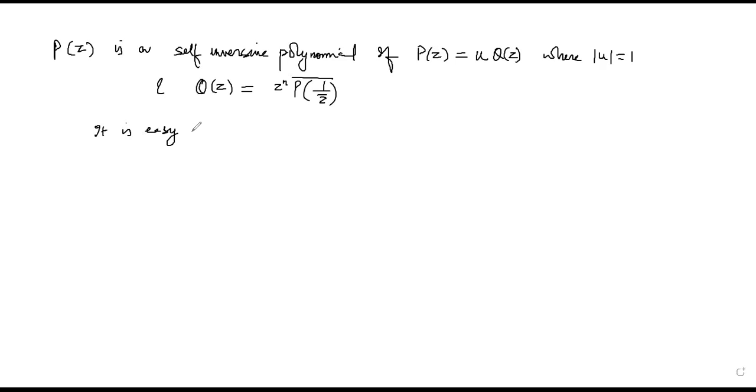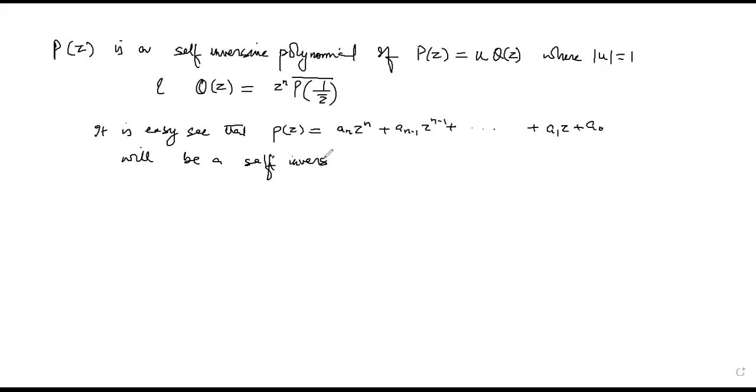It's easy to see that p of z equal to a n z raised power n plus a sub n minus 1 z raised power n minus 1 plus so on and so forth plus a1 z plus a naught will be a self-inversive polynomial if a j is equal to a n minus j whole bar.